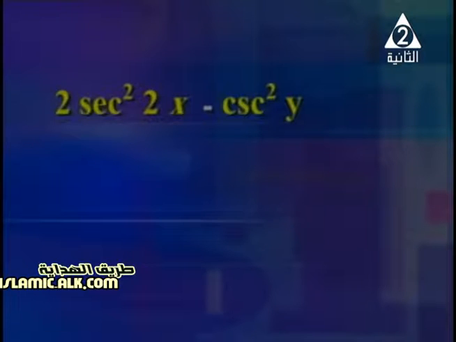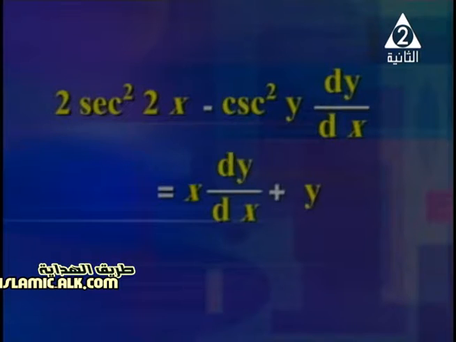Then the first is 2 sec squared 2x minus cosec power 2y, remember times dy over dx, equals the right-hand side: first times derivative of second plus second times derivative of first. The first is x, the derivative of y is dy by dx, plus the second is y, and the derivative of the first, dx over dx, is 1.